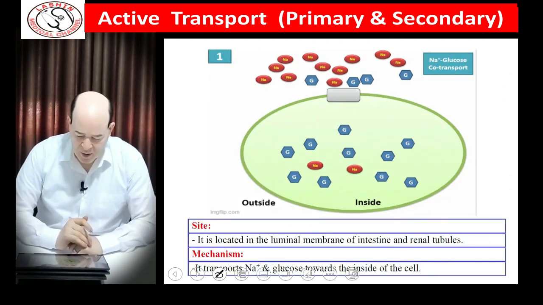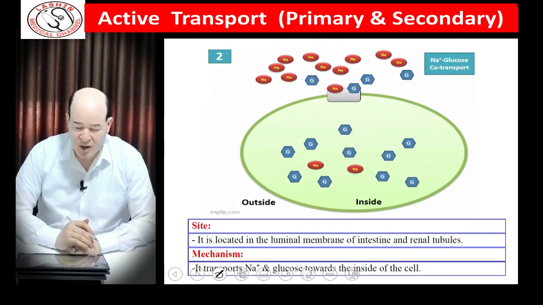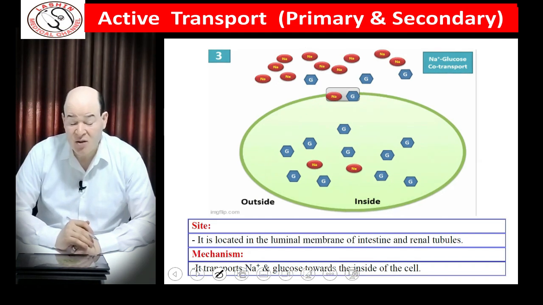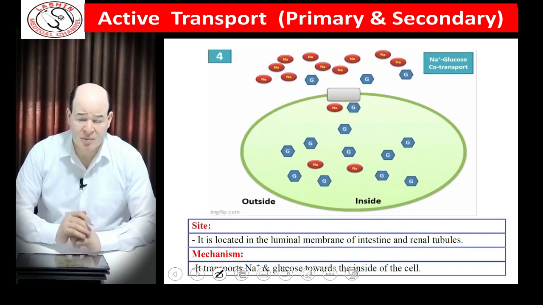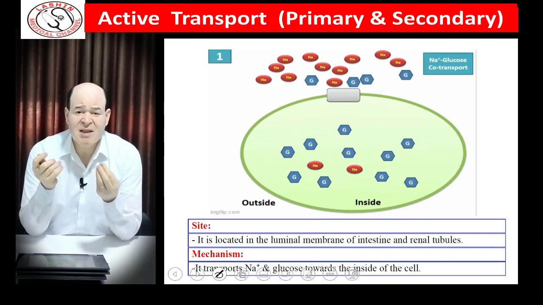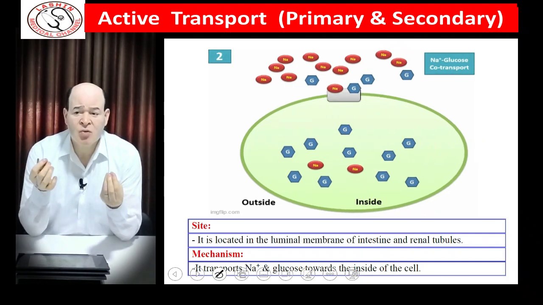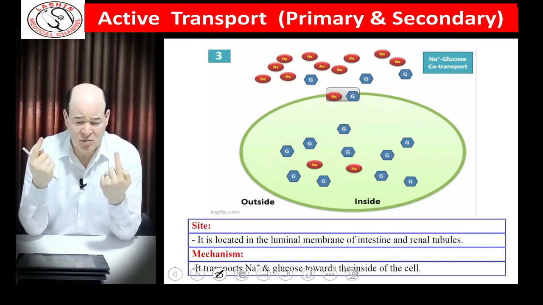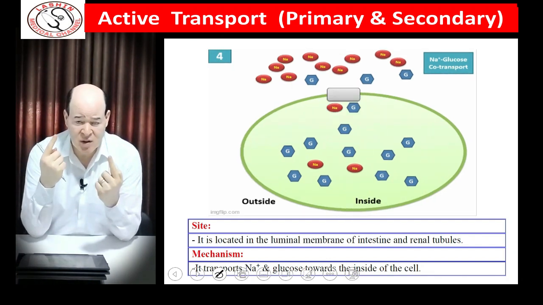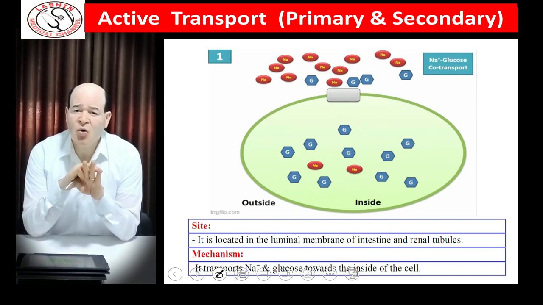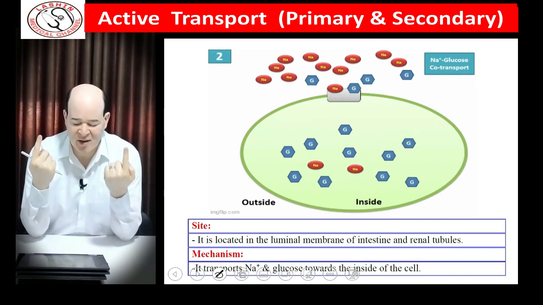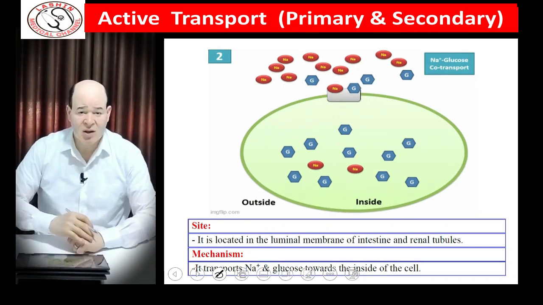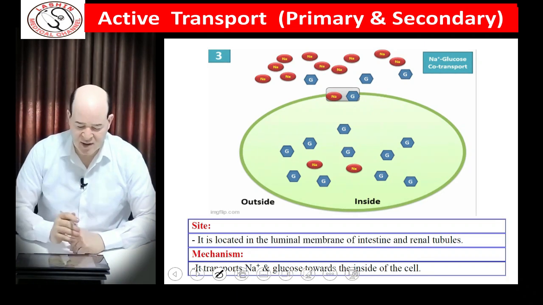First, sodium and glucose bind to specific sites on the carrier protein. This carrier protein is designed, is programmed, so it works only when it binds sodium and glucose. If only one of them is bound, it can't operate. When they bind together, it operates and transmits them to the inside of the cell.